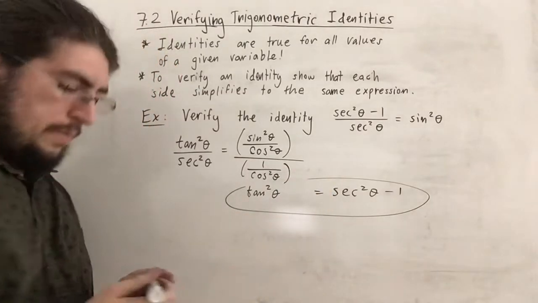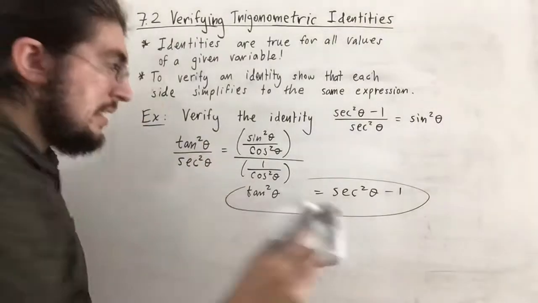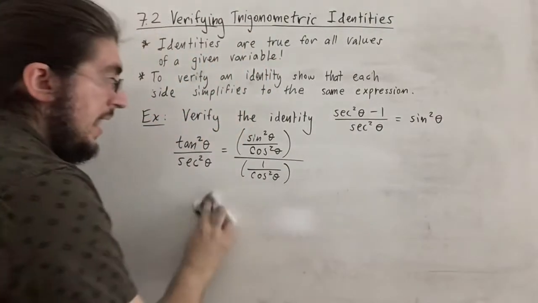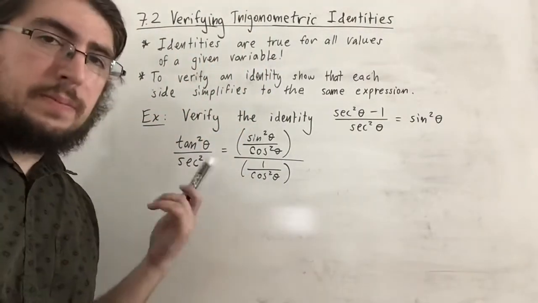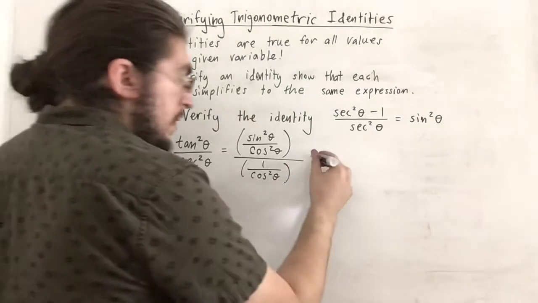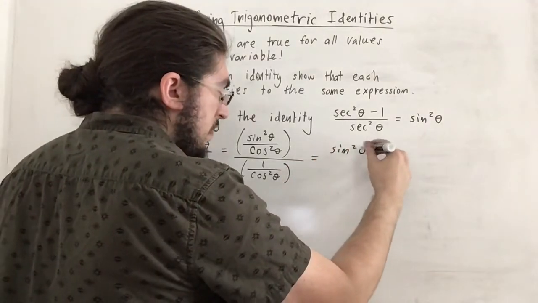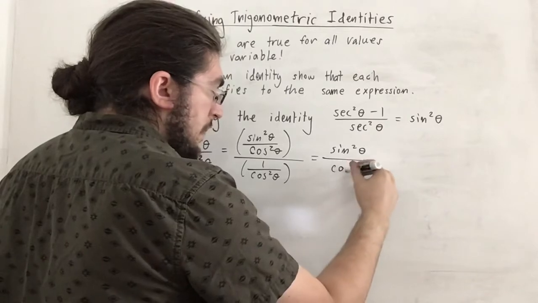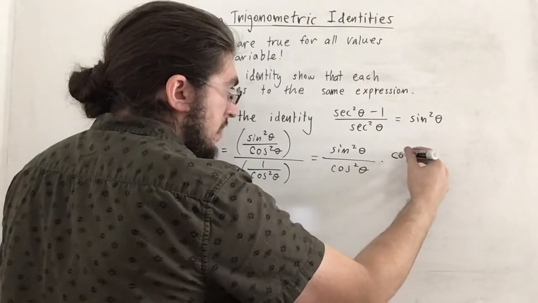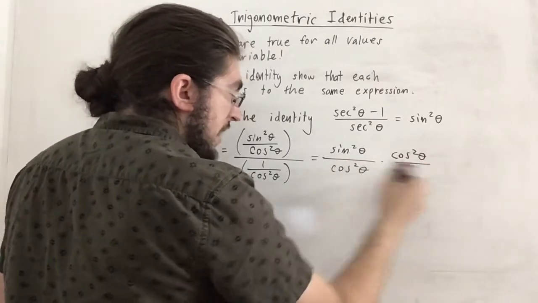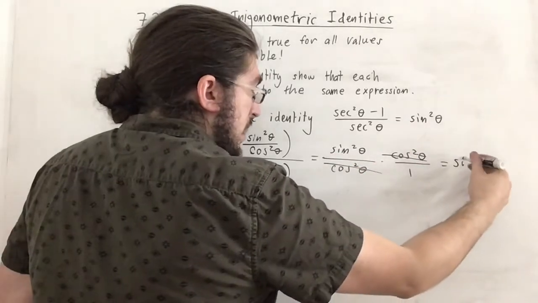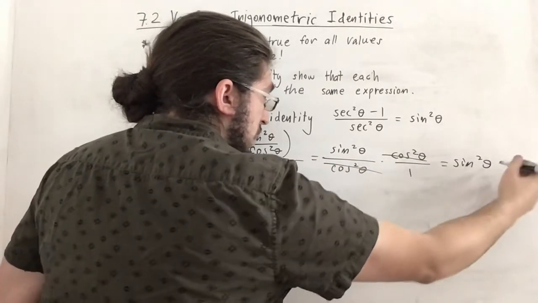Perfect. Let me erase this, it's getting in the way. Now, it becomes fairly obvious from here. Just multiply the top by the reciprocal of the bottom, or you can multiply top and bottom by cosine squared, same idea. And we end up getting cancellation, and we get the actual left-hand side, which is what we wanted.